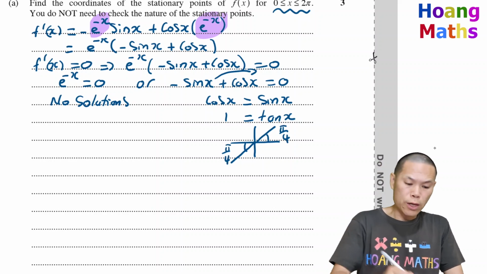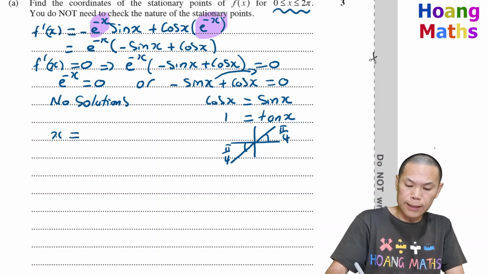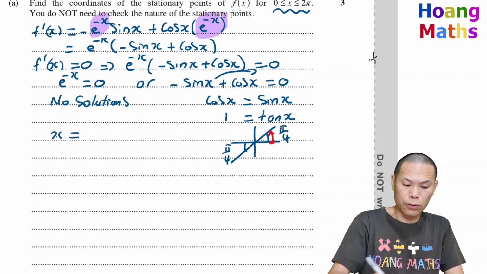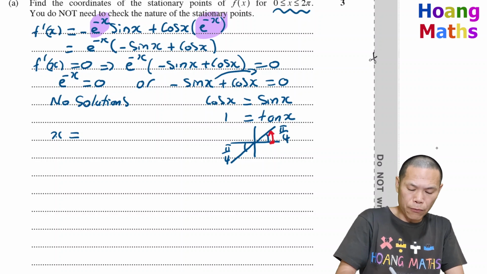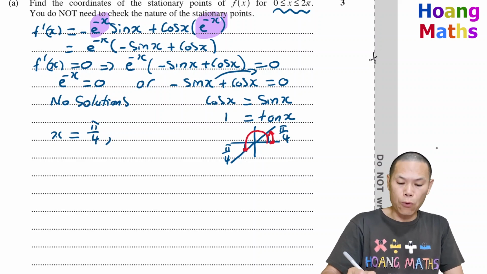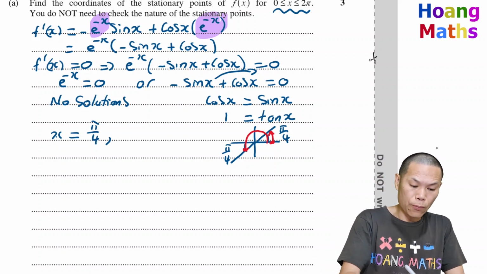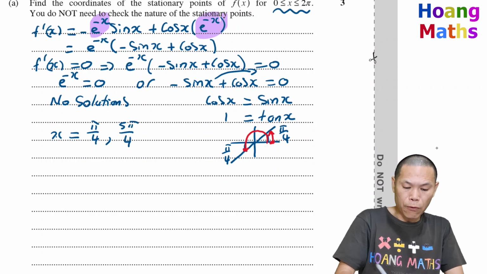Therefore, the answer is x is equal to, the first answer from here is pi over 4. And the next one, from here to here, gives 5 pi over 4, because 1 plus a quarter is 5 over 4.